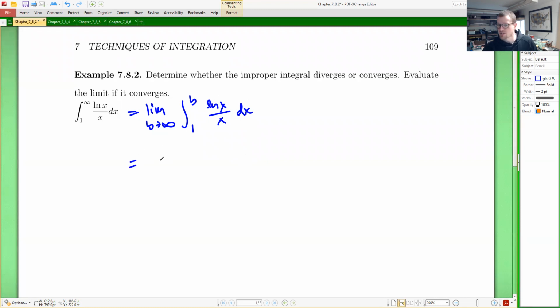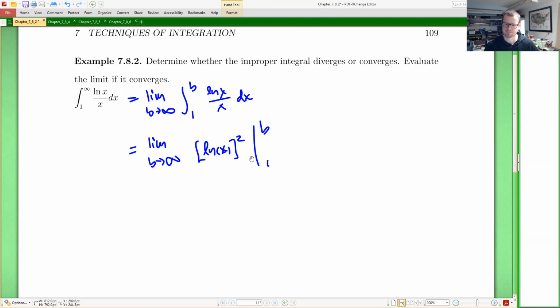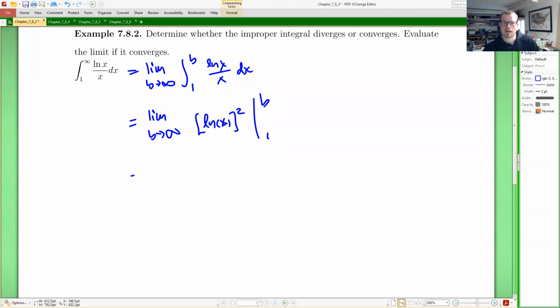Talking through that substitution, if you wanted to work out the details, I would certainly encourage you to do that. But you would find that this is the limit as b goes to infinity of one half natural log of x, squared, evaluated from 1 to b. That's not so bad.